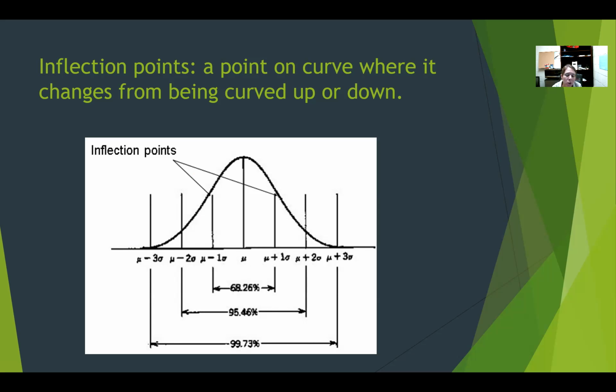Mu here is the same thing as your mean. Sometimes you'll see mean written as mu, and sometimes with an X bar. This means the same thing as mean. And this little symbol here is your standard deviation symbol.